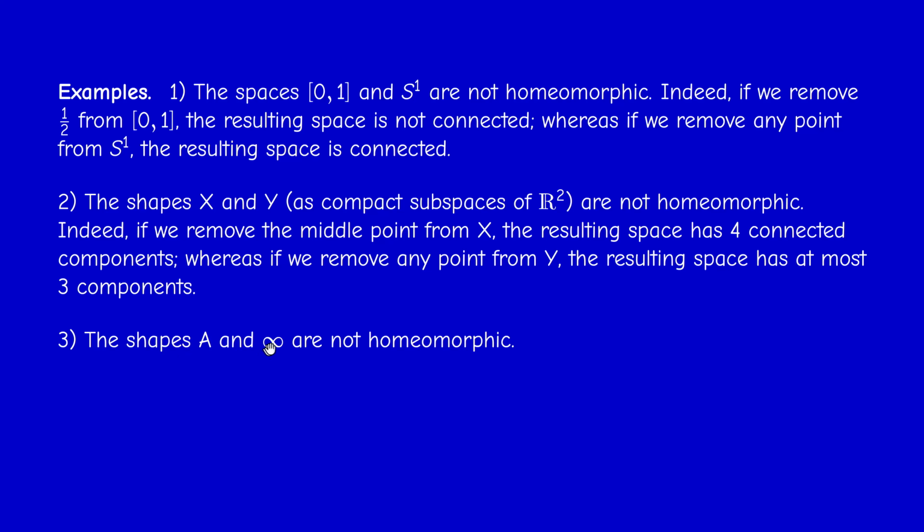The shapes A and plus infinity also are not homeomorphic. I cannot find an ingenious continuous transformation that deforms A into plus infinity. Why? If we use the same argument as in examples 1 and 2, we will not get a satisfying answer.